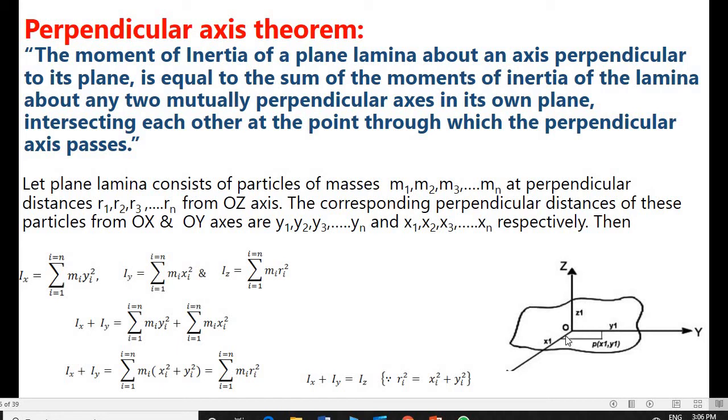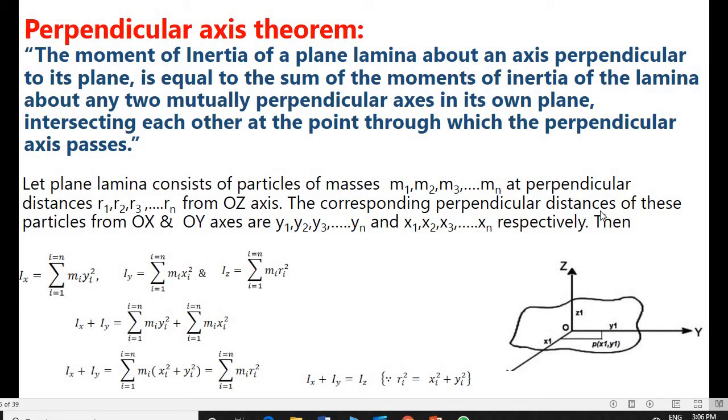That means they are intersecting at the same point, that is O. Let the plane lamina consist of particles of masses m1, m2, m3, so on to mn at perpendicular distances r1, r2, r3, so on to rn from the OZ axis. We are considering this body as consisting of so many particles of masses m1, m2, m3, so on to mn at distances r1, r2, r3, so on from the perpendicular axis, that is OZ.